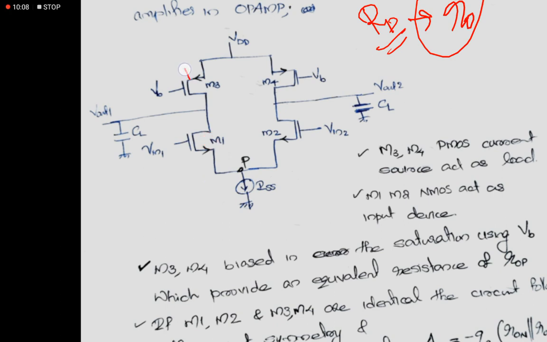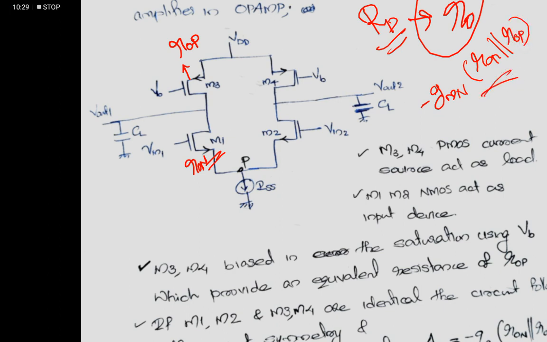So the load resistance is RO of PMOS, and here it is RO of NMOS. So the gain is minus gm of N into RO N parallel to RO P.